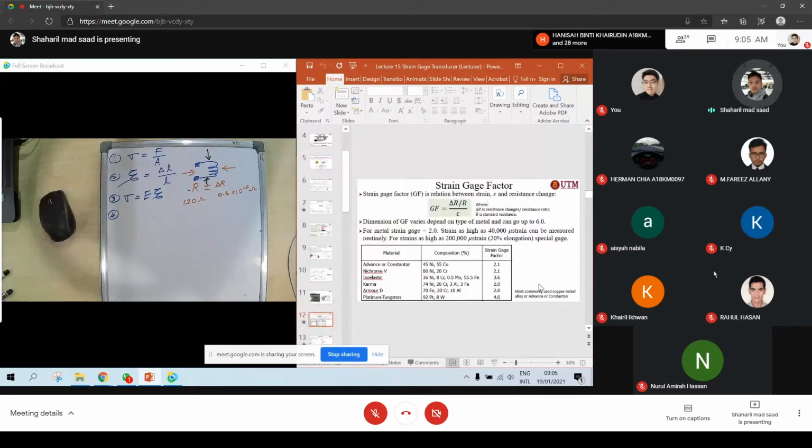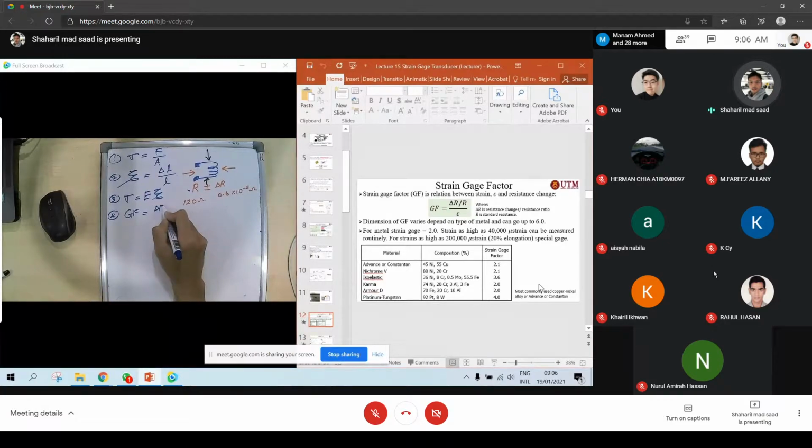So when you buy a strain gauge, you will get one parameter, which we call the gauge factor. The gauge factor has its own relationship between the resistance and the strain of your electrical strain gauge.